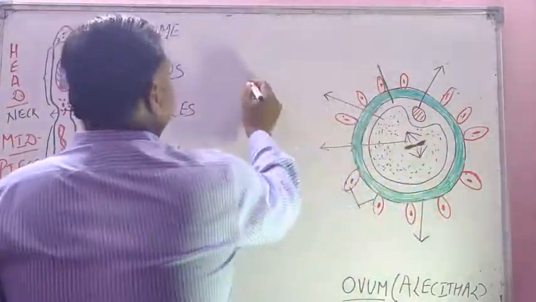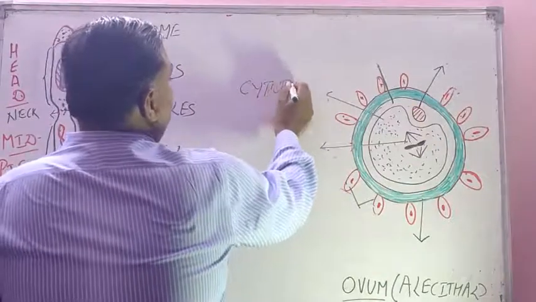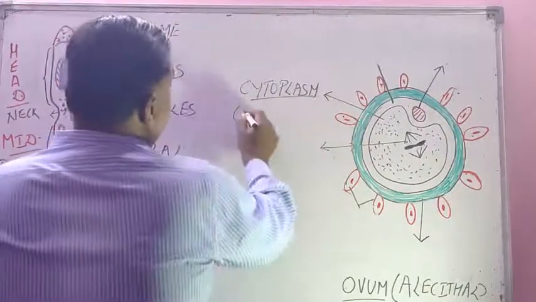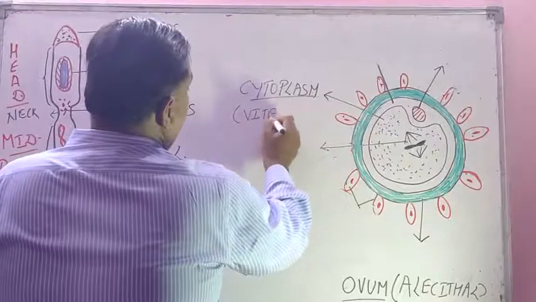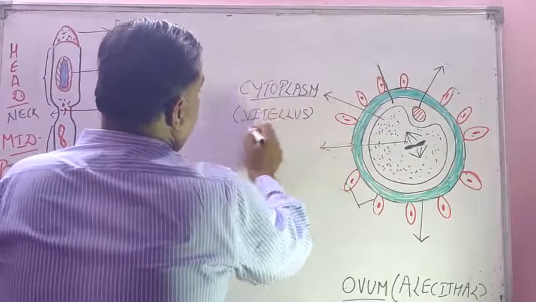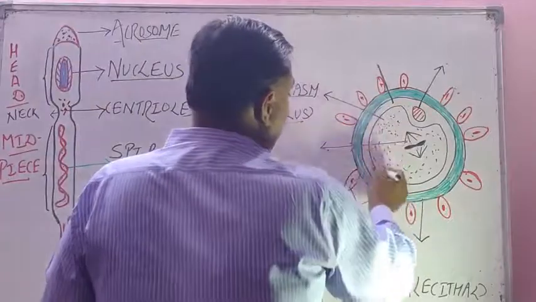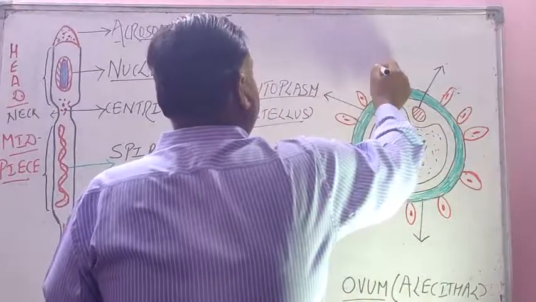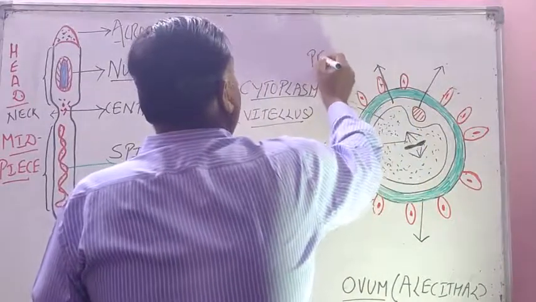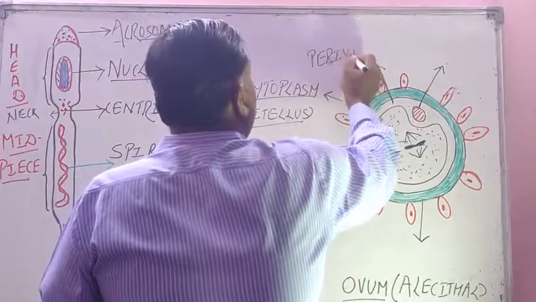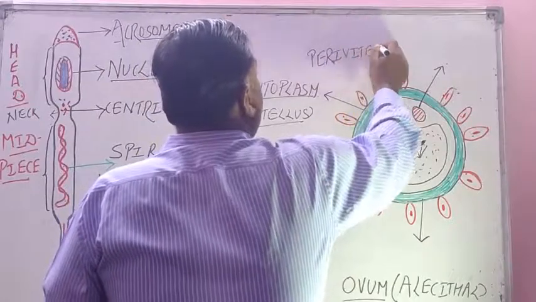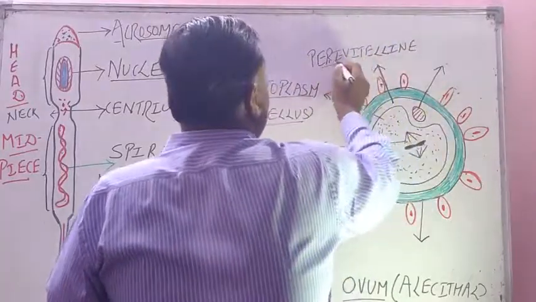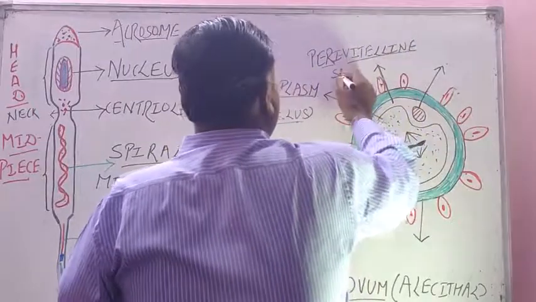The cytoplasm of the human ovum is also called vitellus. So this membrane will be the vitelline membrane, and this space will be the perivitelline space. Peri means around, periphery, vitelline space.